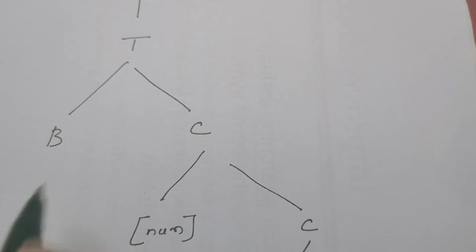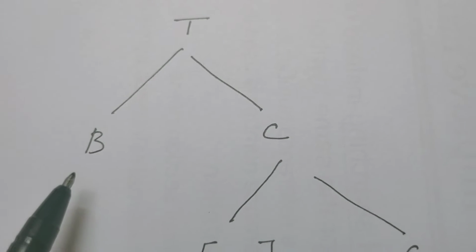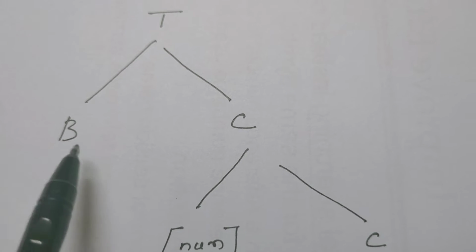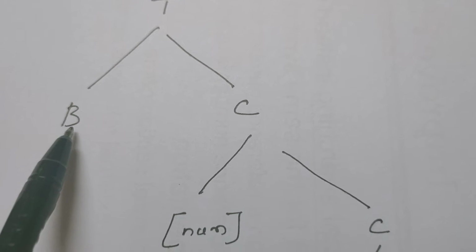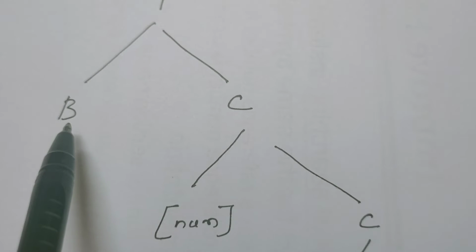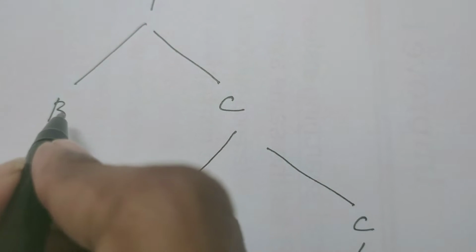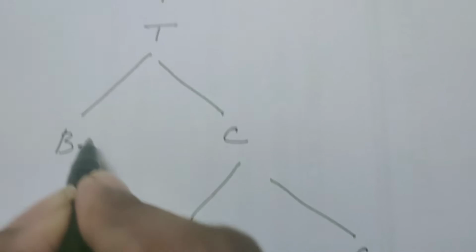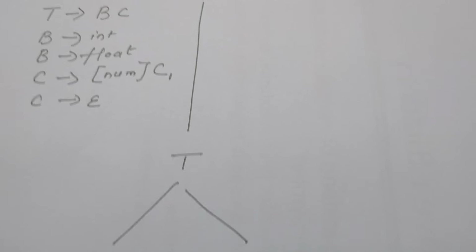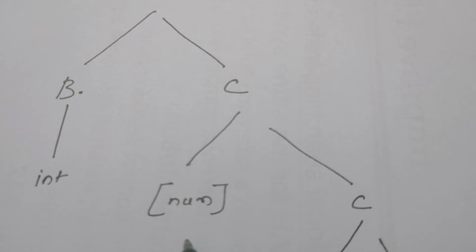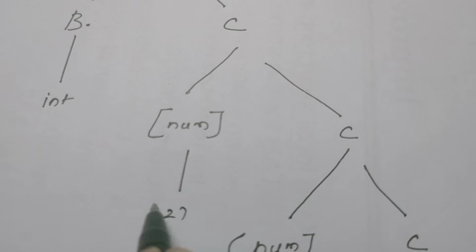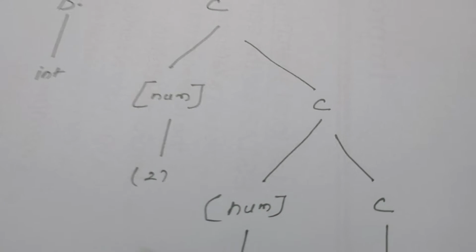Right. See, let us consider all the leaf nodes here. B is one of the leaf nodes. This B is nothing but the data type because B derives integer or float. So let me say that B is derived as integer first, and this number is nothing but 2 and this number is 3.